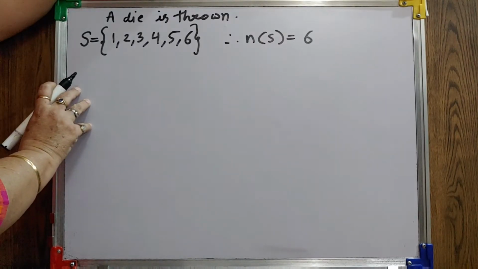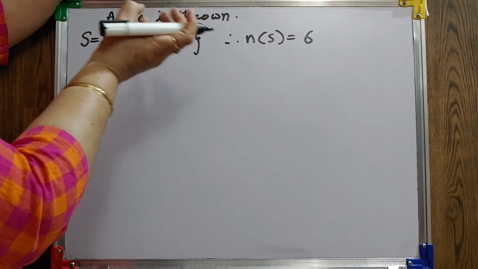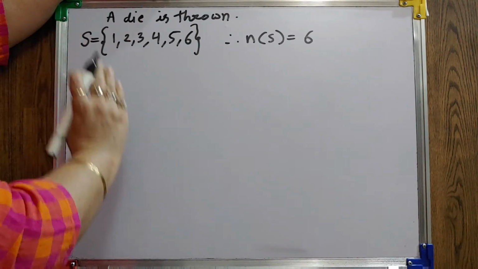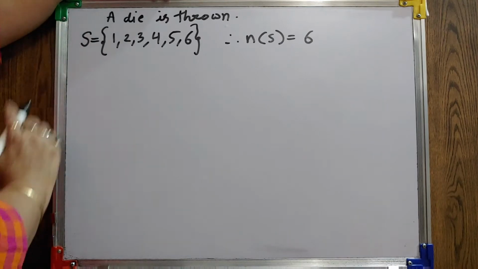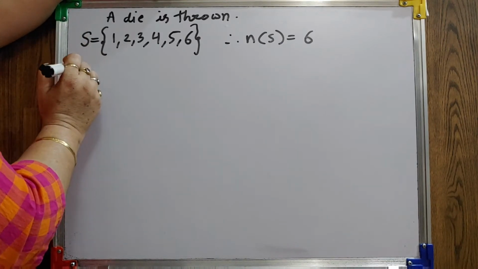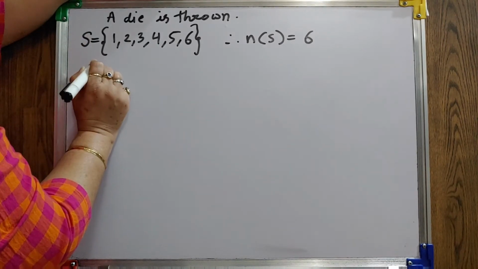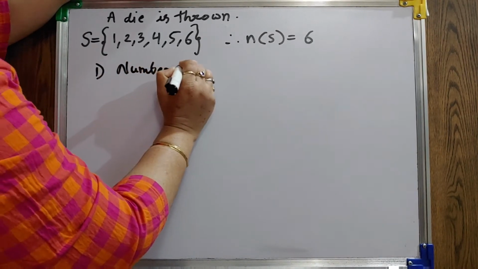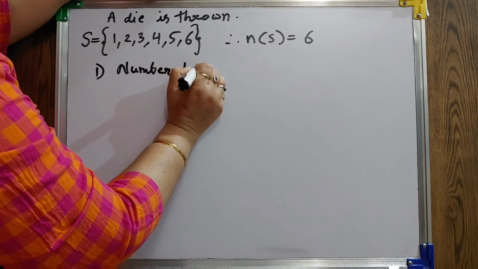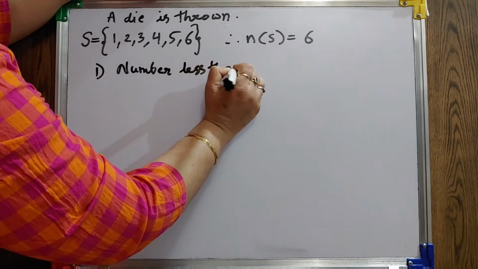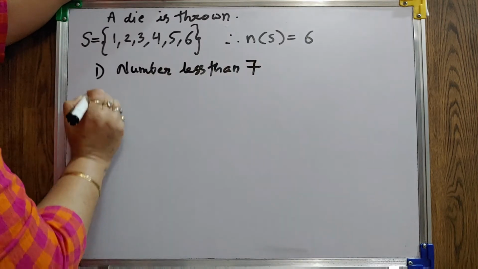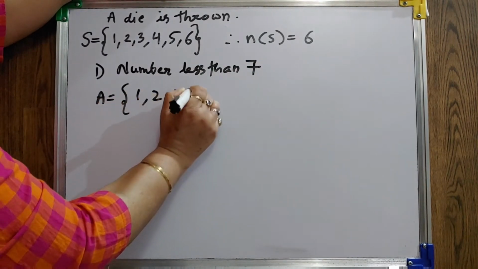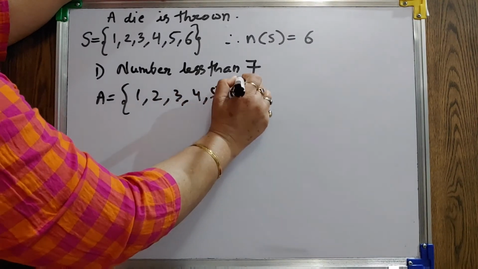Now, further, whatever event we are selecting from them, that indicates the number of the event, and that event also we have to write in the form of a set. For example, I am choosing a number less than 7. It means in my event all the 6 numbers will be there.